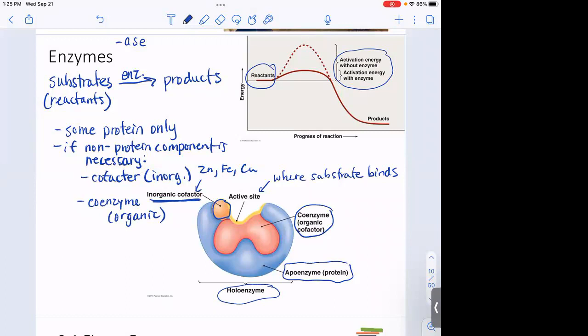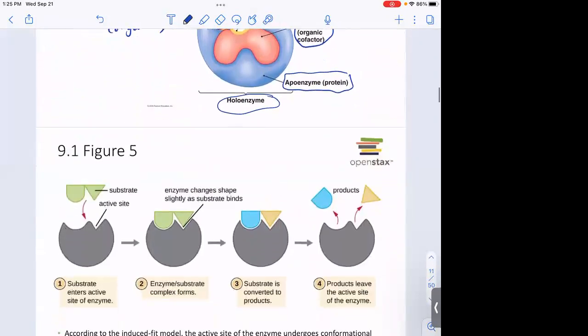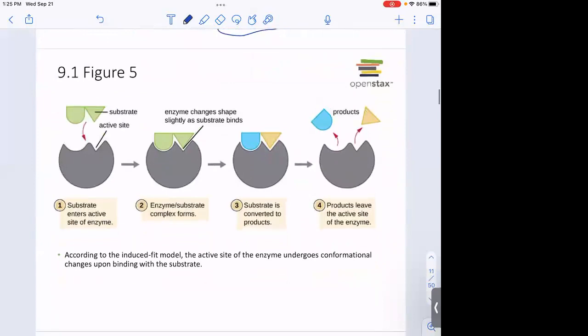All right, so thinking about enzyme activity. This is a nice diagram reviewing that substrates bind at the active site, and the gray part here is the enzyme. Sometimes there's a little bit of induced fit, so the enzyme can change a little bit to fit that substrate just right.